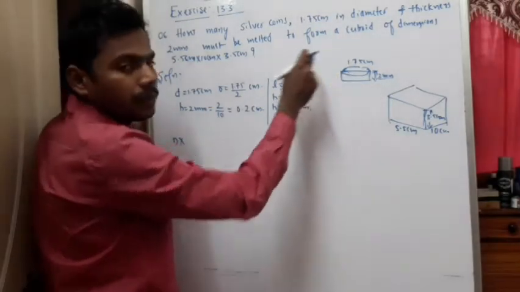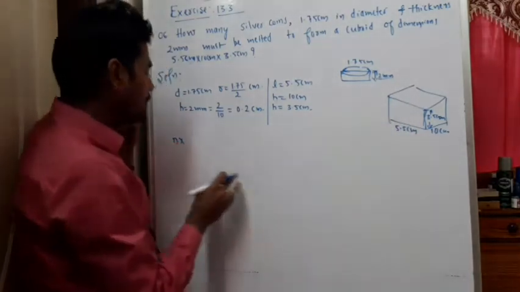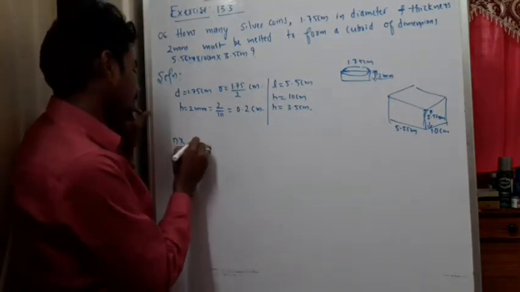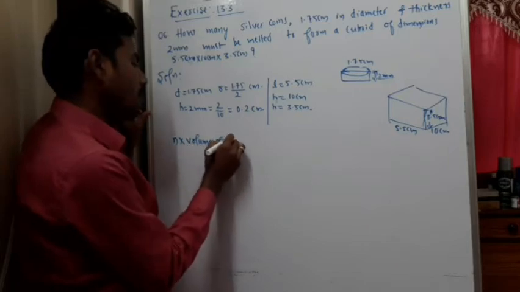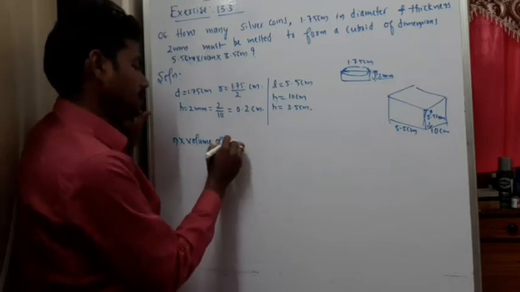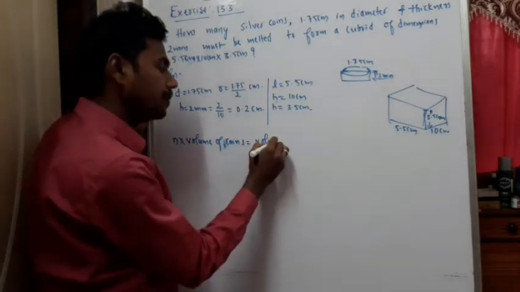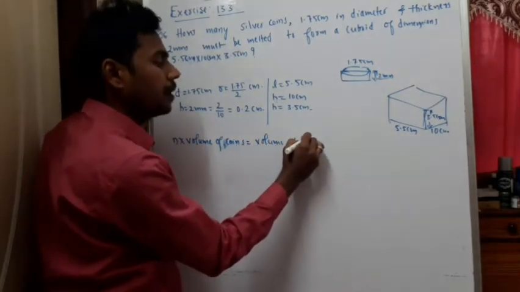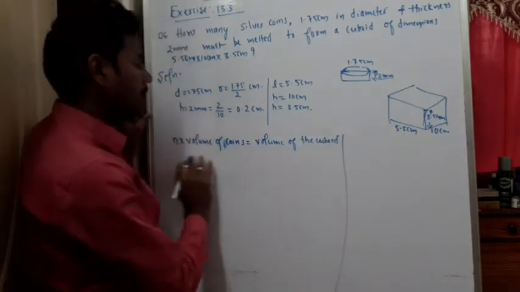So n into the volume of this coin should be equal to the volume of the cuboid. So we need to find how many such coins are required.